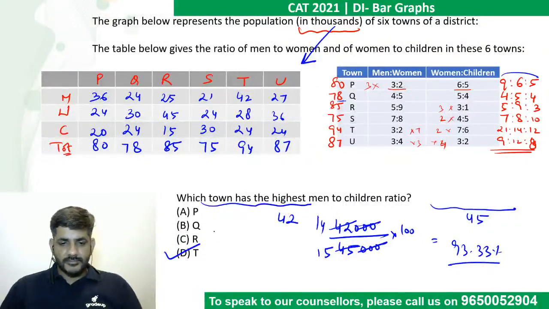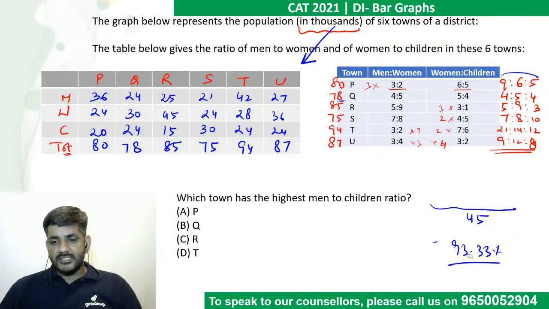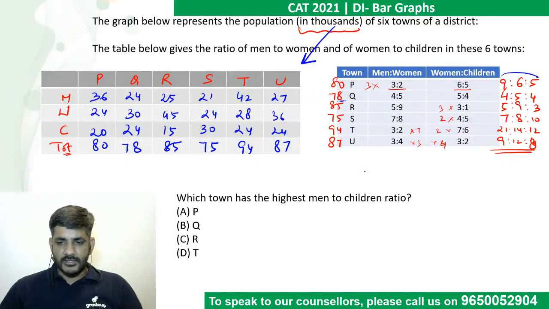Next question. Let me just erase it. Which town has the highest men to child ratio? Highest men to child ratio. That can be calculated from here only. Men to child ratio. P के case में what is the men to child ratio? 9:5. Q के case में the ratio is 4:4.